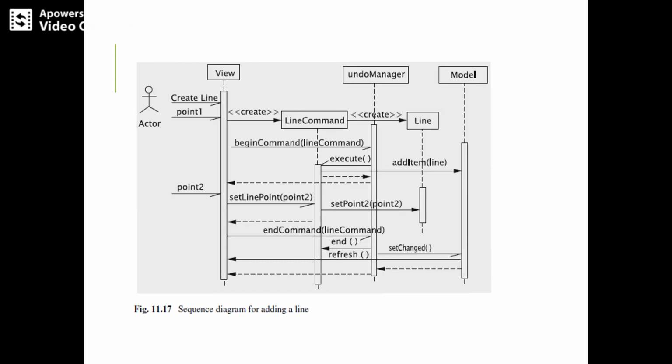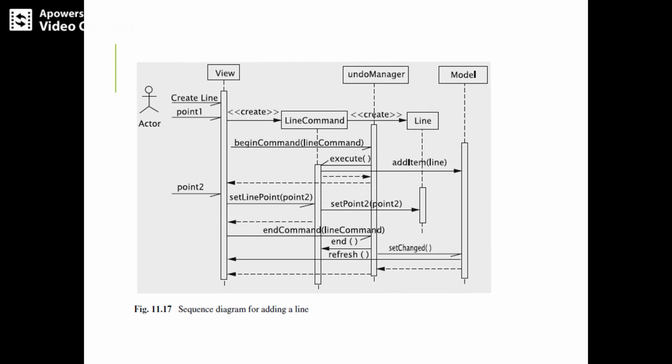Point 1 and point 2 will be taken because adding a line starts from the left-hand point to the right-hand point. So create line point 1; here we use the create line command directly, because the undo manager will create the line, which will be created in the model. Begin command: the line command executes the add line method.